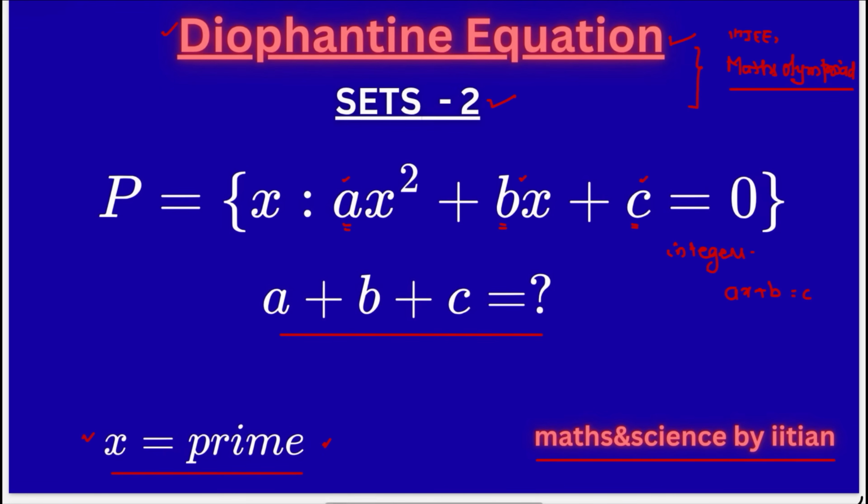And the equation is written in the form of a set, P is equal to x such that ax square plus bx plus c is equal to 0, and x is a prime. This is the definition of the set. We can even find out the cardinality of the set.